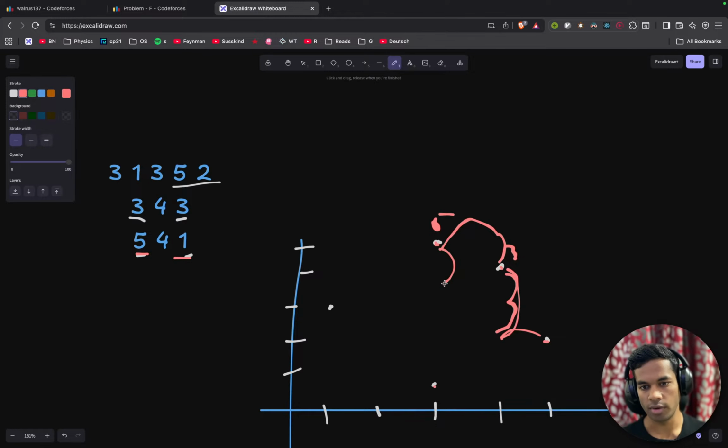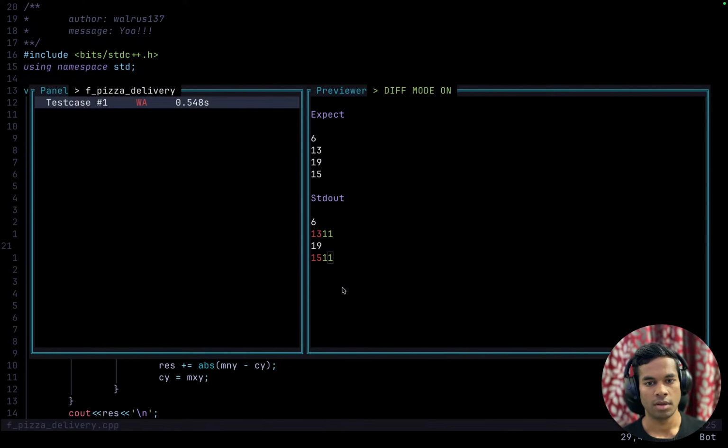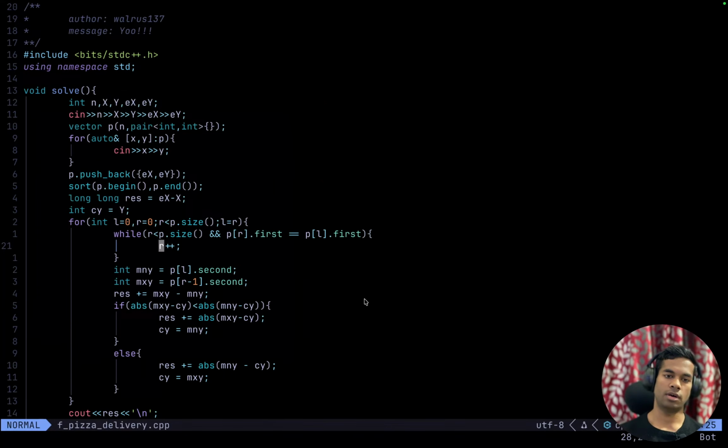We will move 4 down, 9, and from here we have to move 2 back, 11, and from here we have to move 2 up. Yep, 13, which is the correct answer.